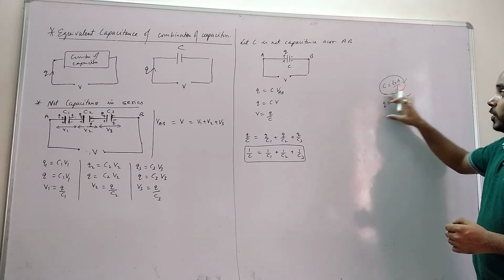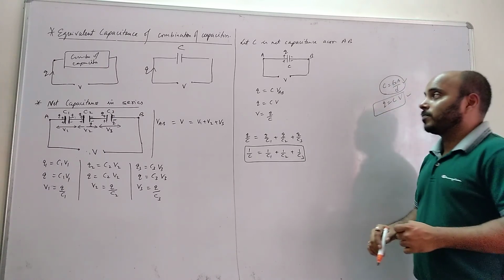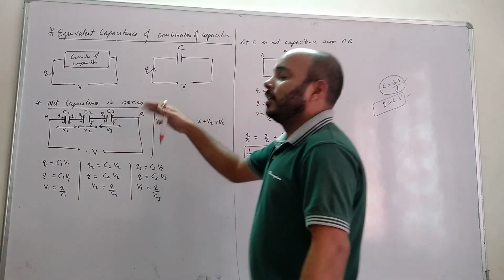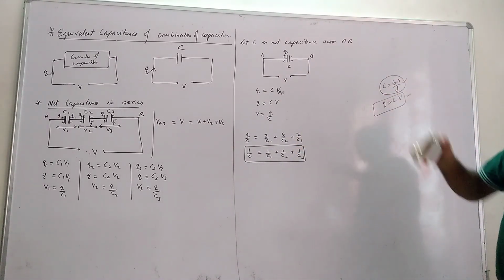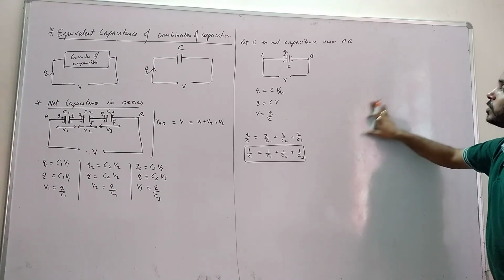We apply Q equals CV when the capacitors are connected with the source. In this case, nothing is changing, but the capacitors are connected with the source. So we use the second formula, Q equals CV.